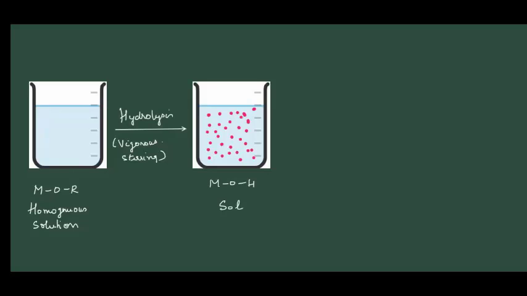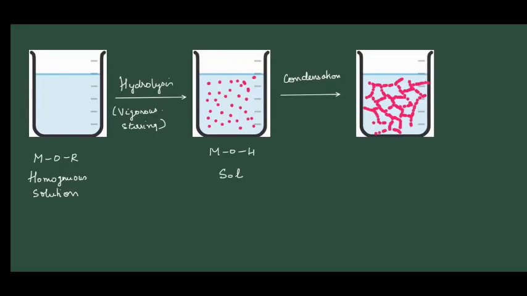And this is kept undisturbed for a long time, maybe hours or days, when this gets converted into the gel by the process of condensation, which leads to cross-linking between the particles, resulting in formation of MOM bond. So this is the gel which is formed by the condensation. It consists of MOM cross-link bonds.